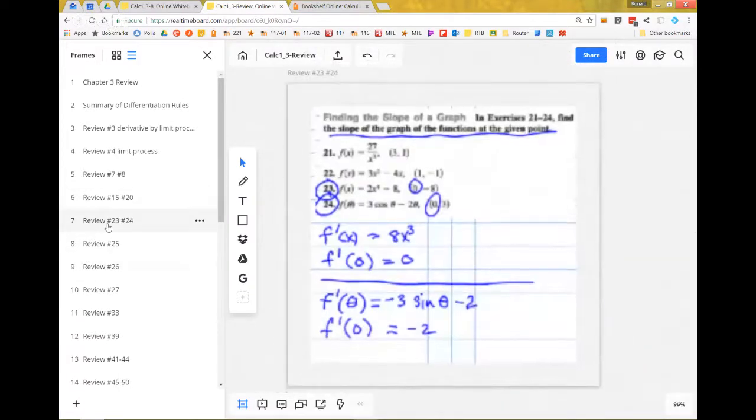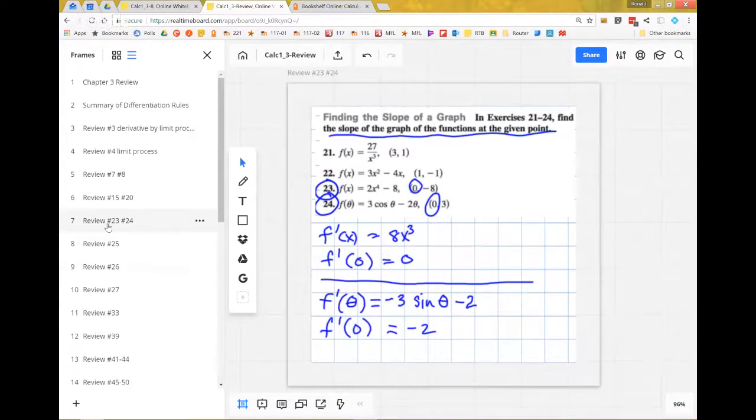Let's go to this section in the book, finding the slope of a graph. As you know, derivatives give you the instantaneous slope of a graph. So really, what's the only difference here? Well, you can go ahead and use your rules to find the derivative, but then they give you a point, and they want the slope of the tangent line.